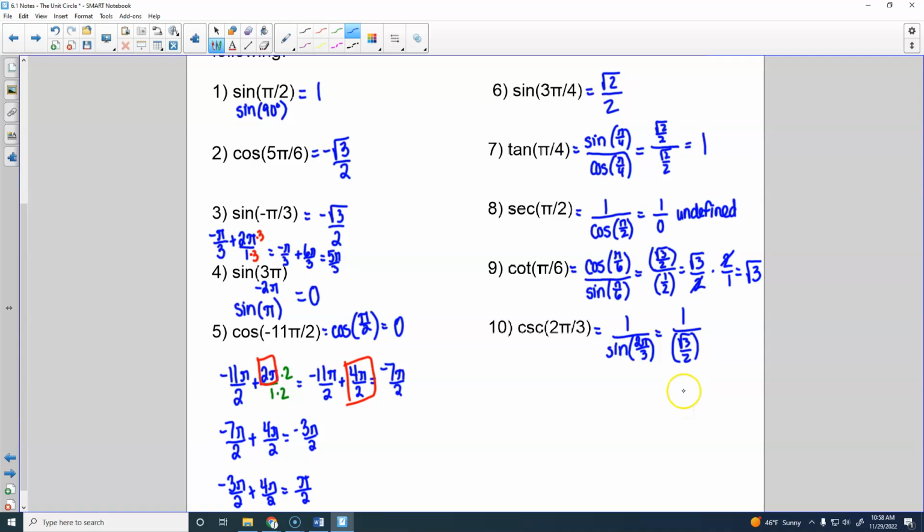So they're not going to let you leave it as a complex fraction, so that's 1 times 2 over root 3. So you're getting 2 over square root of 3, but you're also not going to see the answers left where you have a square root in the bottom. So you're going to need to multiply by square root of 3 in the top and bottom to rationalize that. So you're going to get 2 square root of 3 over 3.